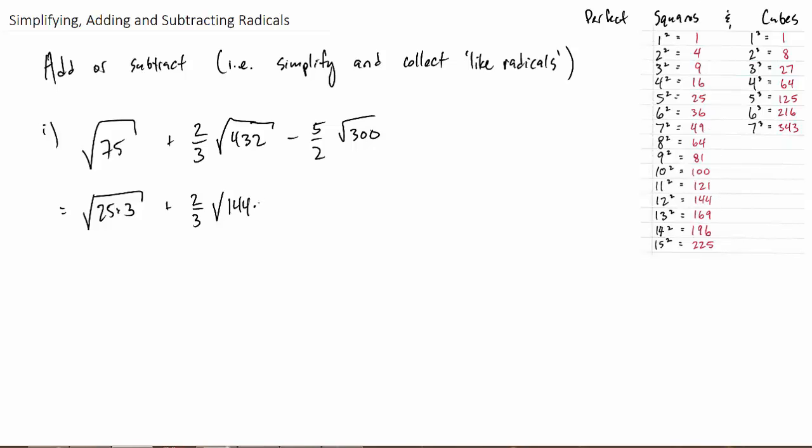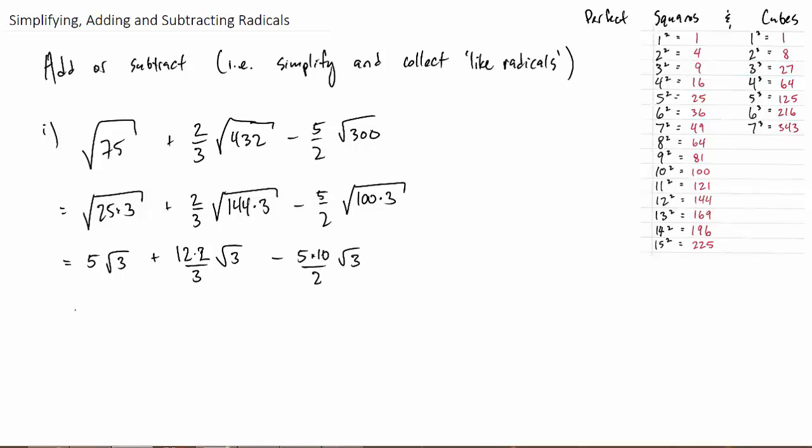And nicely enough, it does. 144 times 3 is 432. And that one's a little easier, 100 times 3. So once you reduce these, you can find that they all have a root 3. So then all you have to do is figure out each one's coefficient, and then you can combine them. So 5 plus 8 is 13, and 13 minus 25 is negative 12. So the final answer to this is negative 12 root 3.